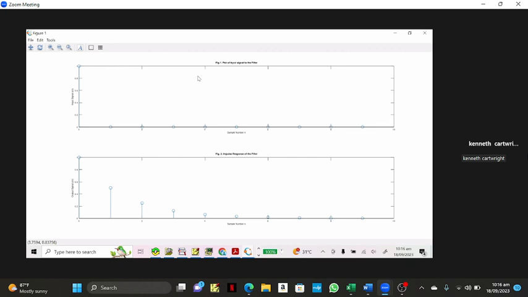It's impulse. My bottom graph is the output, the impulse response, which is what we calculated. Any questions about this? Okay, I hear no questions.